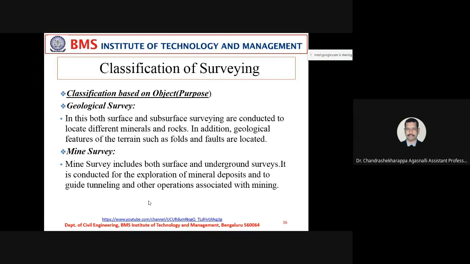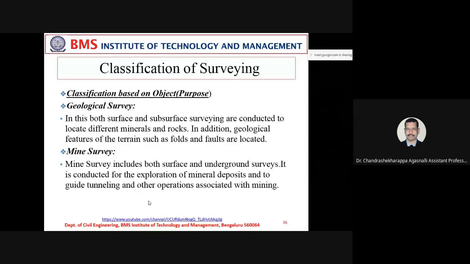Maybe you have seen in the KGF movie, there are underground mines where they go down with a shaft. A shaft is nothing but like your lift. Every day they go down in it to the deeper levels. There you do the geological survey: what are the minerals and different rocks in the subsurface? Those things we survey.